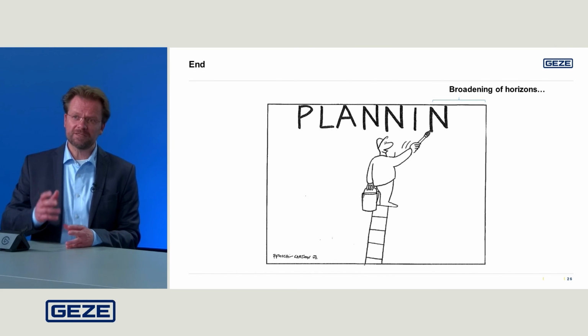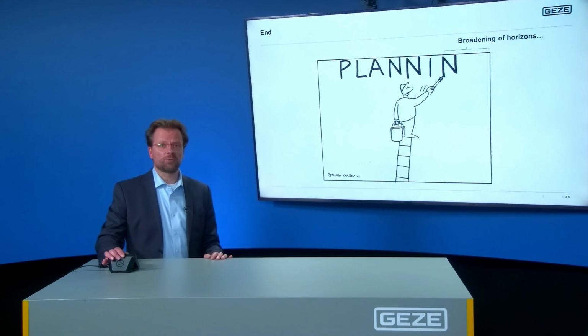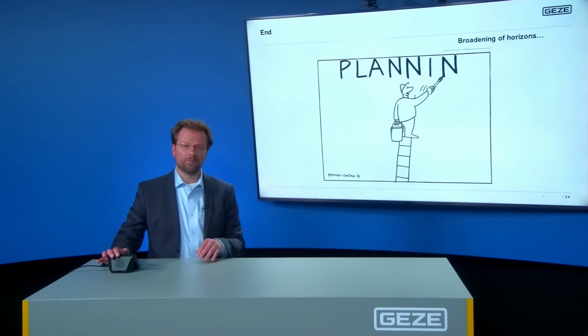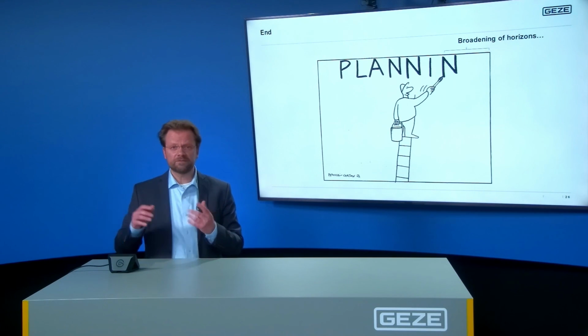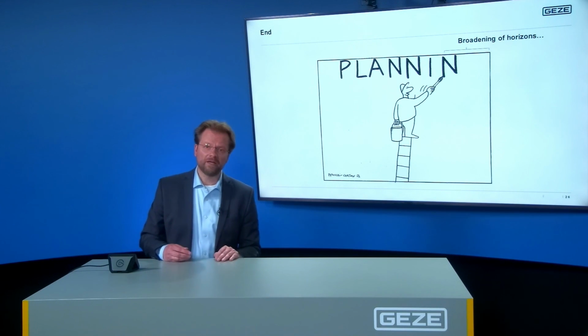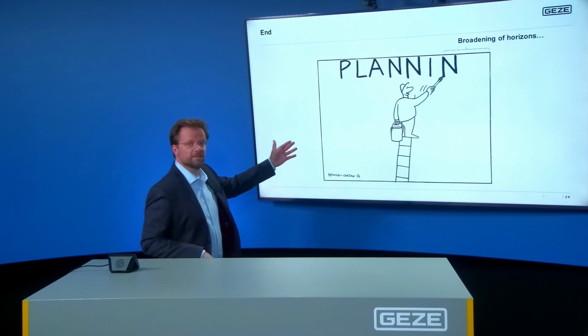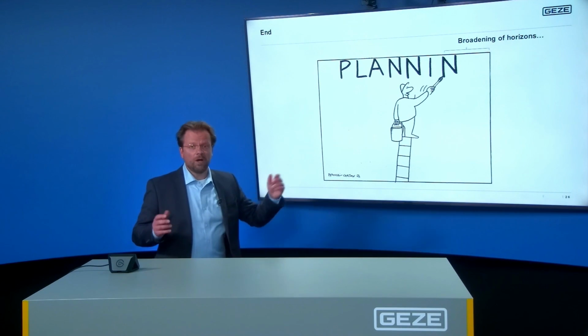So this is all about BIM. This is the way we think about BIM. This is the way GEZE talks about BIM. It's for us just a process. The BIM objects, well, they look nice, but it's all about data, and it's all about starting earlier in this planning process.